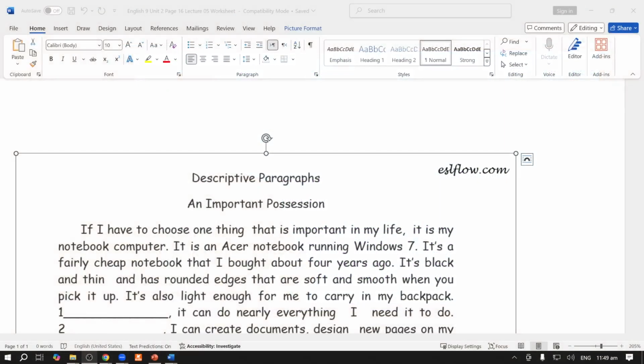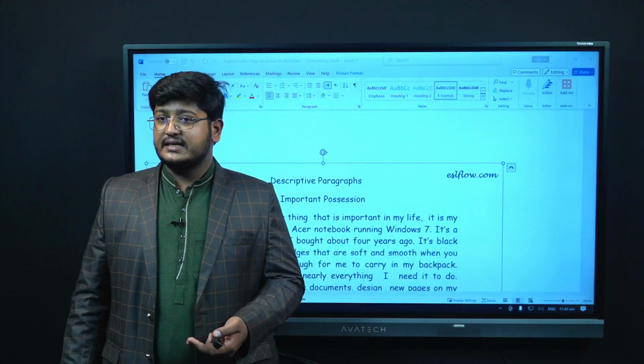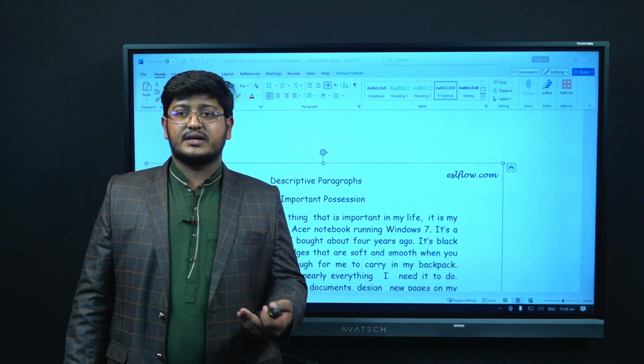Is there any confusion regarding descriptive essays or descriptive writing? You can ask. So as expected, there are no questions regarding descriptive essays or descriptive writing.